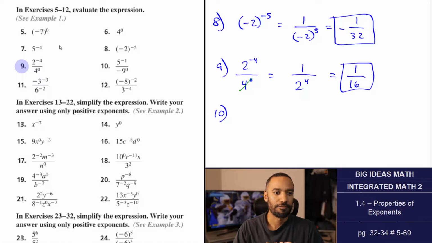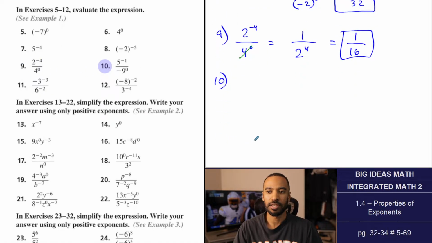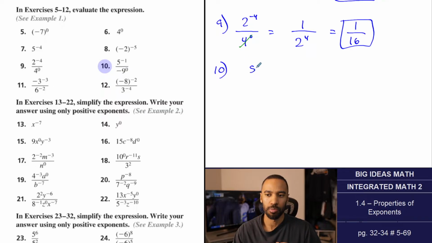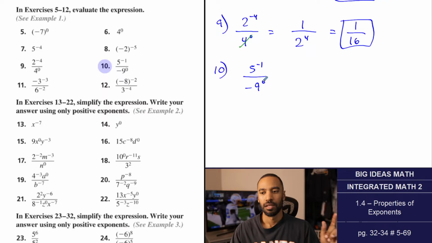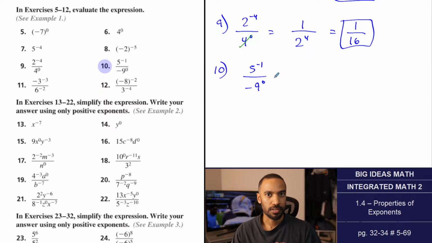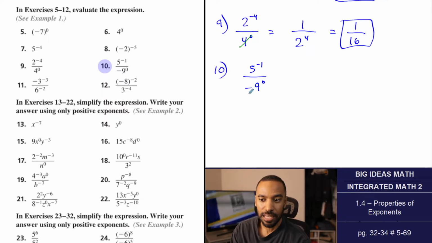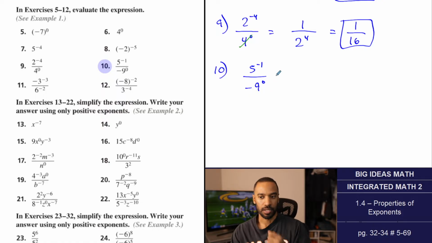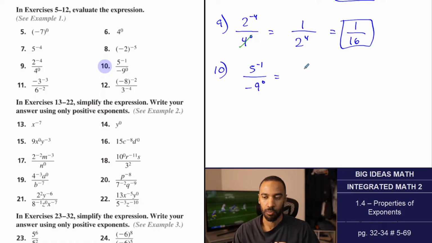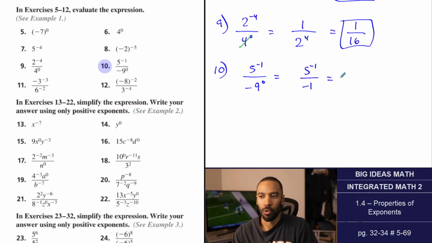Number 10, 5 to the -1st power over -9 to the 0. See, that denominator is exactly what I was referring to before. Notice how -9 isn't in parentheses. So it's not -9 to the 0 power, it's the opposite of 9 to the 0 power, which is -1. So this becomes 5 to the -1st over -1, or -5 to the -1st power.